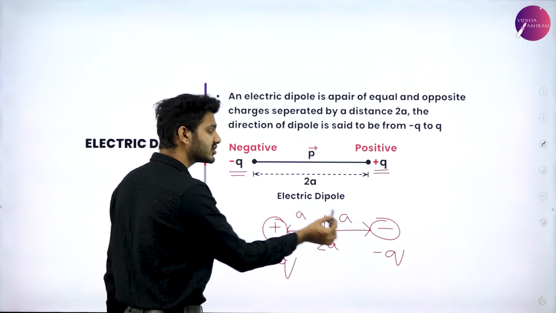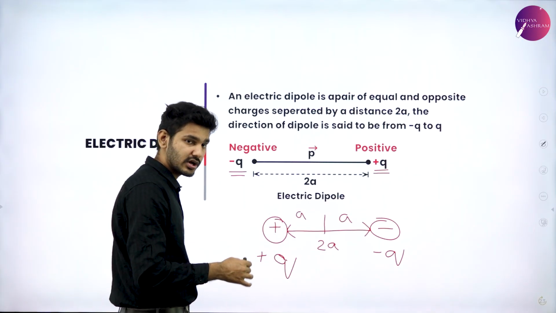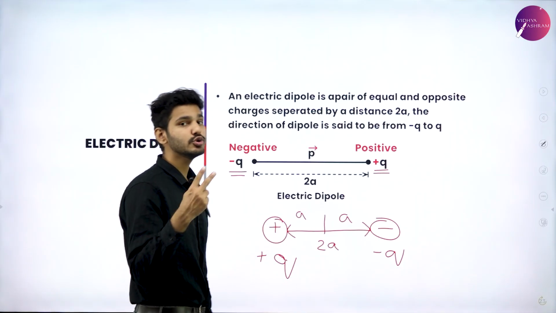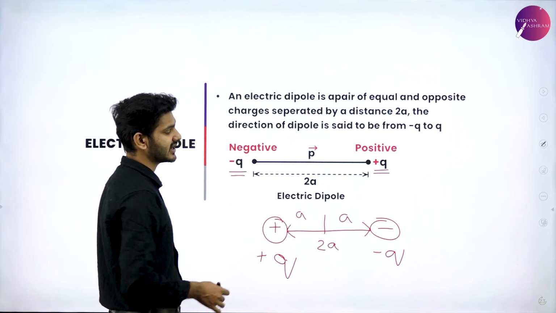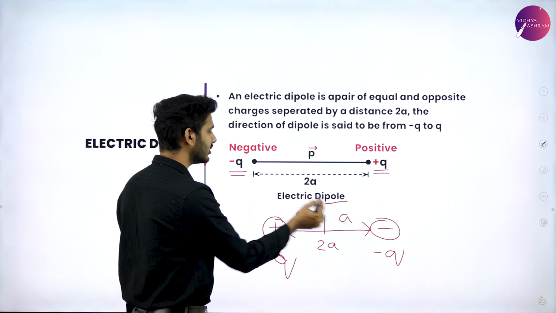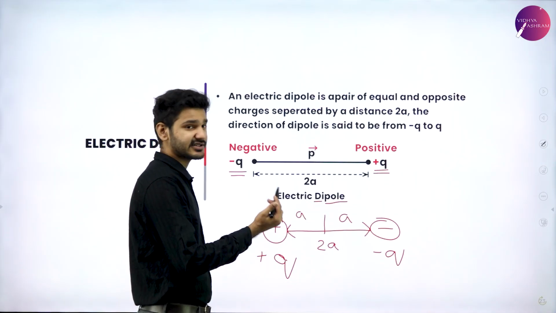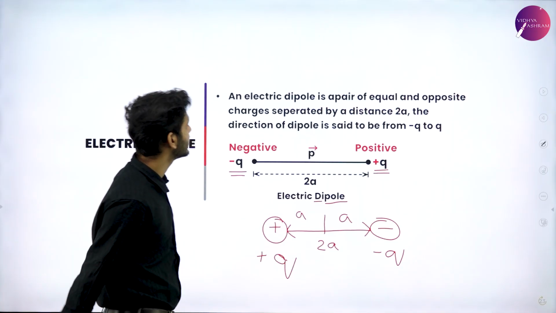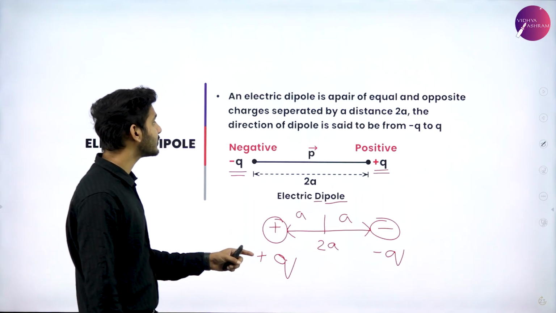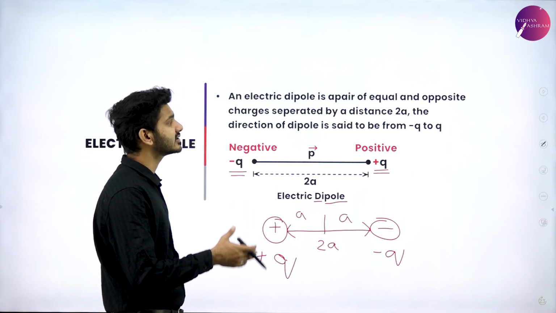So if there are two charges equal in magnitude but opposite in polarity, separated by a distance 2a, then this is known as an electric dipole. Di meaning two and pole meaning polarity, which just means is it positive or negative. So an electric dipole is nothing but a pair of equal and opposite charges separated by a distance of 2a.